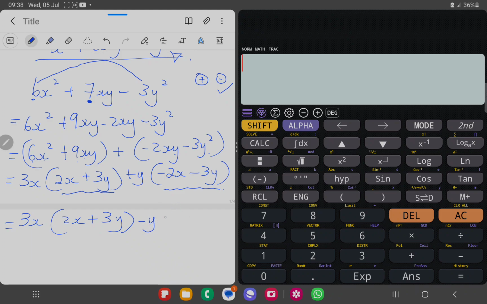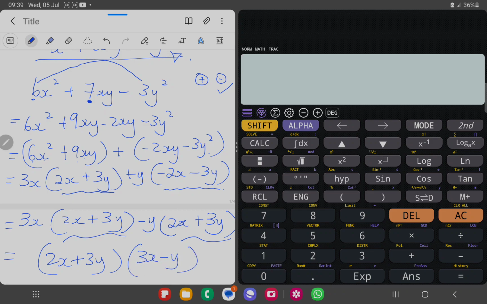Once we change this sign from positive y to negative y, what is inside the bracket is going to change. The negative is going to change to a positive. And then what is the common bracket? It is 2x plus 3y. And what is left outside the bracket is 3x minus y. So these are our factors. Okay, this is done. Thank you.